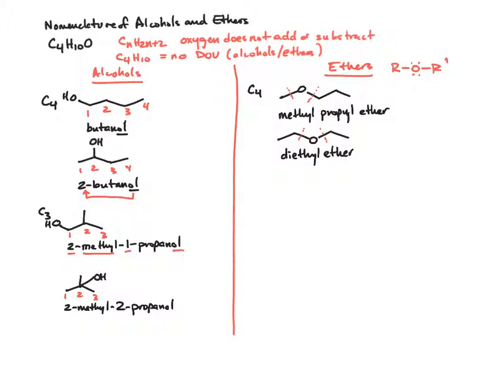So what we can do now is look at the constitutional isomers of the ethers. We sort of already did this for the C4 in the sense that we're going to take a methyl, bond it to oxygen, and in the initial one, methyl propyl ether, we had a straight chain. Instead of doing a straight chain, we're going to do a branching chain.